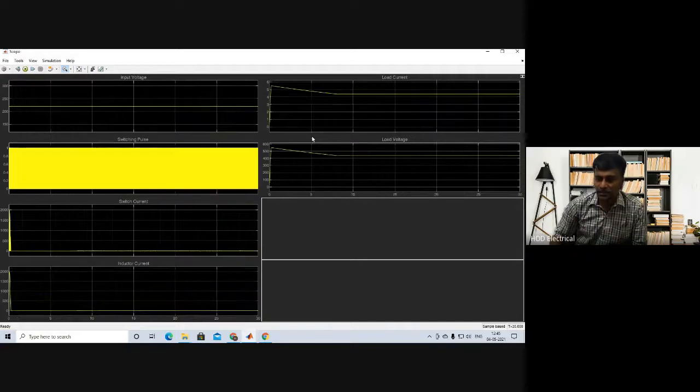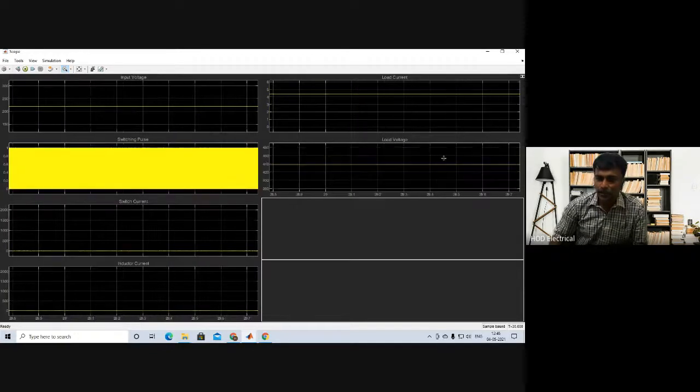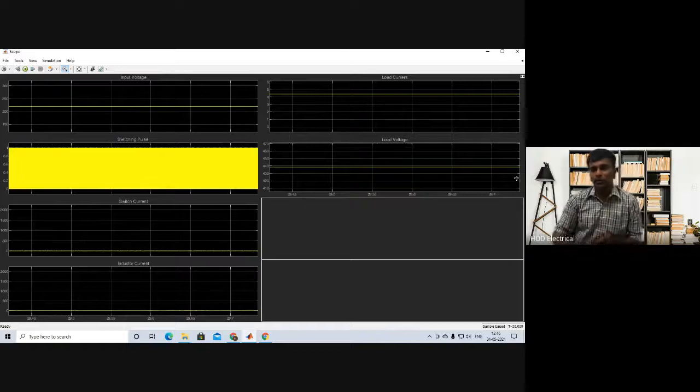Then here the load voltage divided by current. We have 100 ohms resistance, so we are getting an output voltage of approximately 440 volt. I already told you the input is 220 and the duty cycle is 0.5, therefore the output voltage is 440.